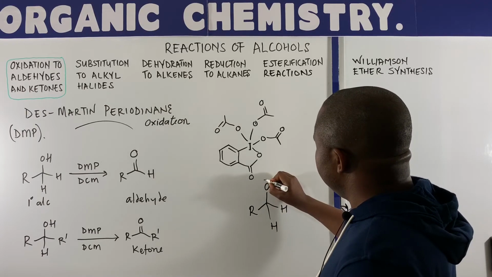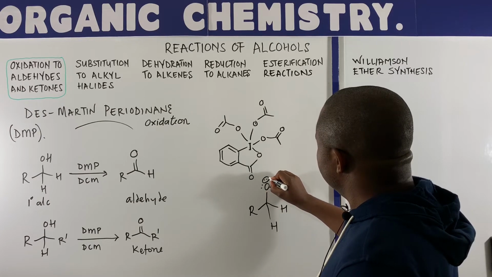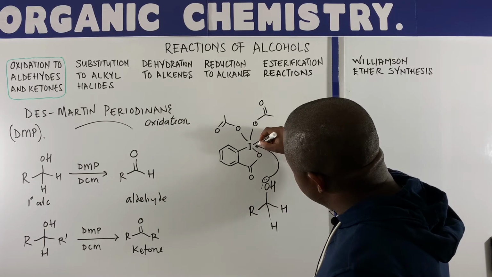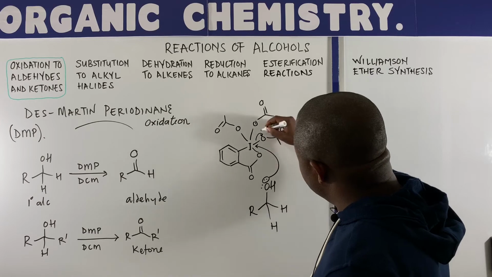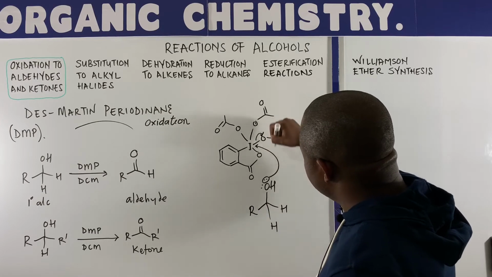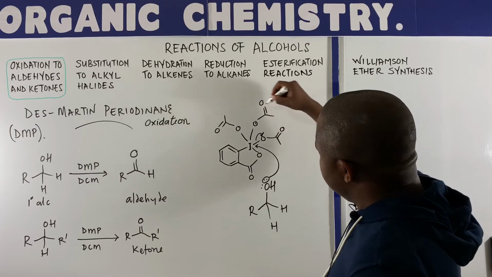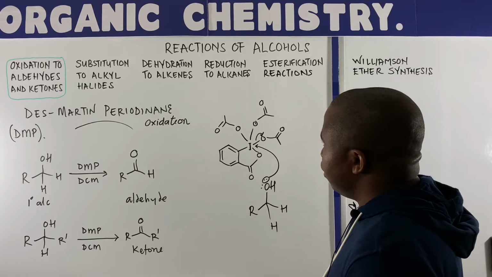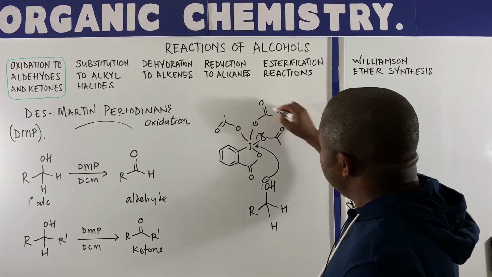It's basically going to attack the iodine, and this goes on this oxygen of the acetate, of one of the acetate groups. One thing you should note here is that there are 3 acetate groups in this oxidant that we are using as the oxidizing agent. So the DMP has 3 acetate groups.